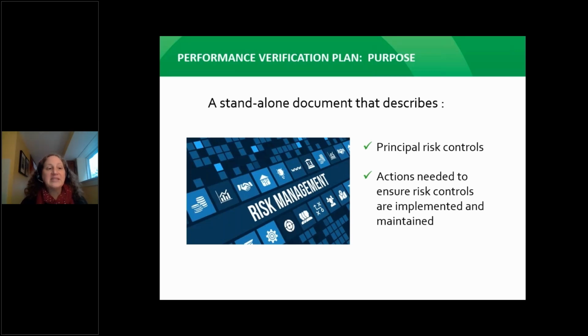The PVP is a standalone document that describes the principal risk controls necessary to ensure that risk-based standards under the Contaminated Sites Regulation are met at a site. A PVP lays out the actions needed to ensure that these risk controls are implemented and maintained. There are many examples of risk controls that we will explore later in this presentation. Next slide, please.